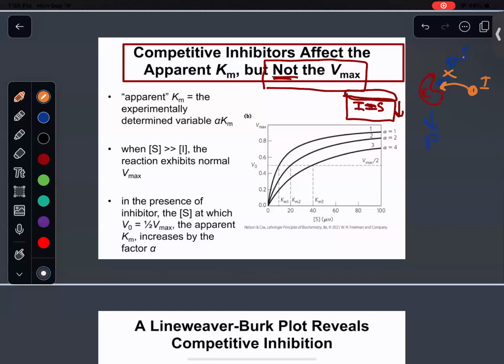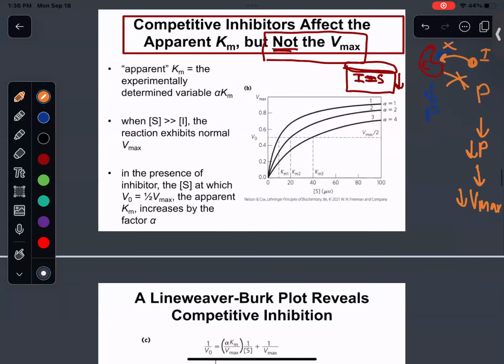And if the substrate cannot come in because the inhibitor is taking the place of where it should be, we are not going to get product, right? So since we're getting less product, less product means what? A lower Vmax. Does that part make sense? Yes, okay. So you understand now why an inhibitor is going to lower the Vmax of a reaction.